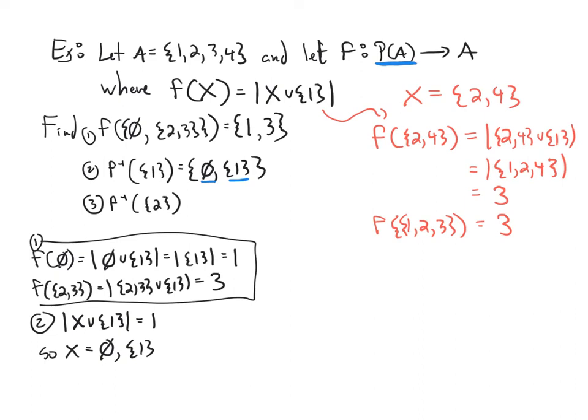All right. So again, we have to figure out the inverse image of the set containing 2. We'll do 3 over here. So we need all subsets of A that get mapped to 2. What's this going to look like?